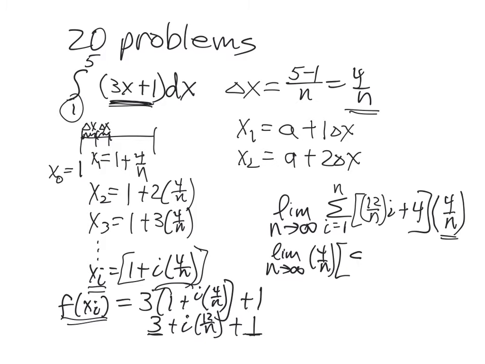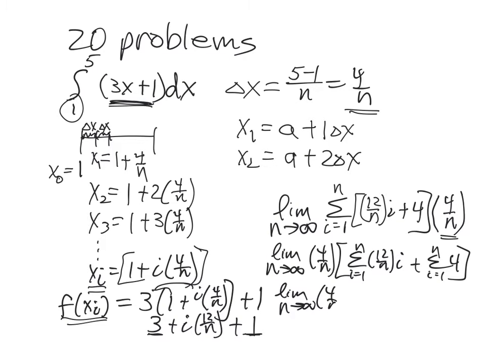So we'd have the summation of 12 over n i plus the summation of 4. So we'd have the 4 over n times both parts, then the 12 over n times the summation of i.